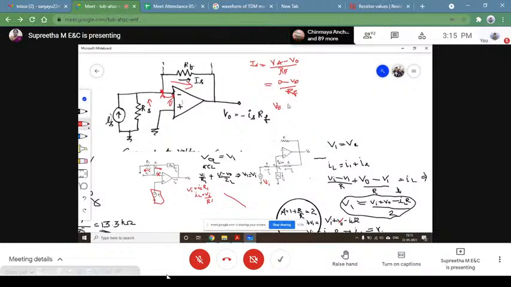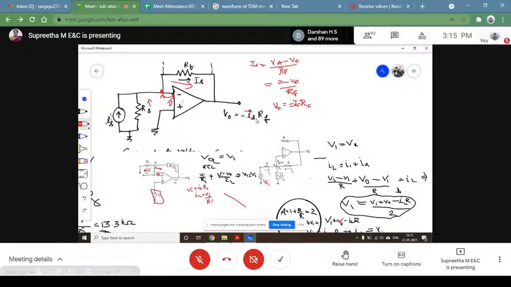V0 is equal to minus IS into RF. Since I've used the lowercase representation here also, I use it and modify it over here.